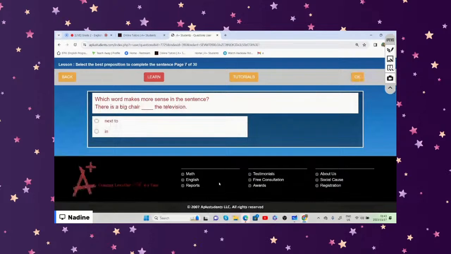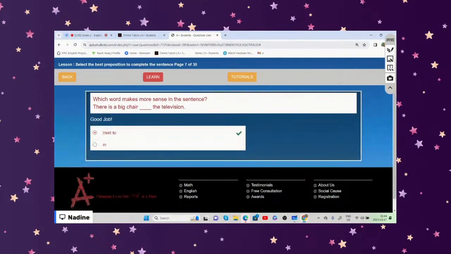Well done. And there is a big chair. Is it next to the television or in the television? So you can maybe say there's a big chair next to the television.